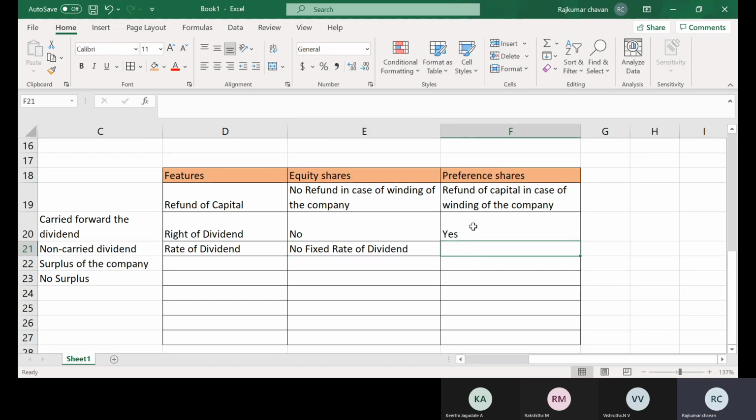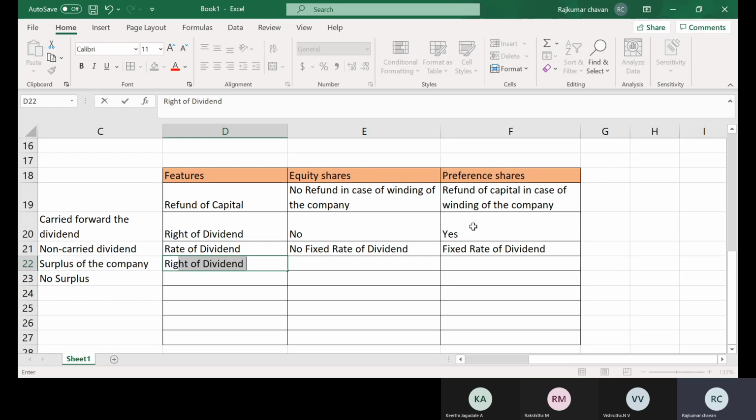What about preference share? They may get a fixed rate of dividend. That is one thing. Next, who have a right to vote?